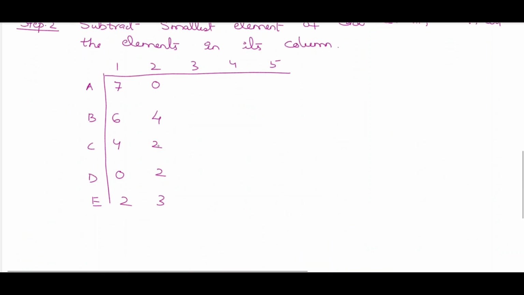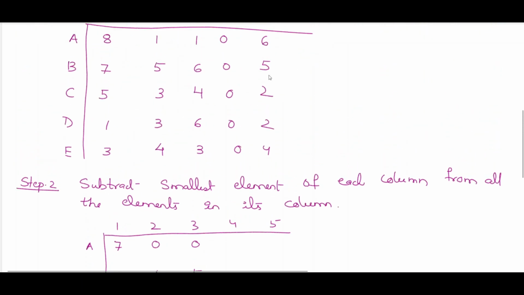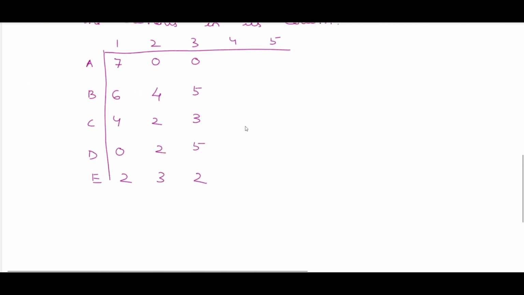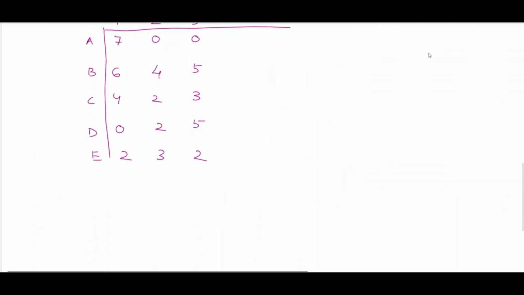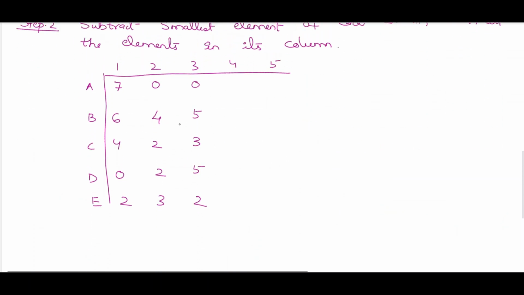So 1 minus 1 is 0. Then you will get 5, 5, 3, 5, 2. Then for the fourth column, it is all zeros, so it will be 0, 0, 0, 0, 0.